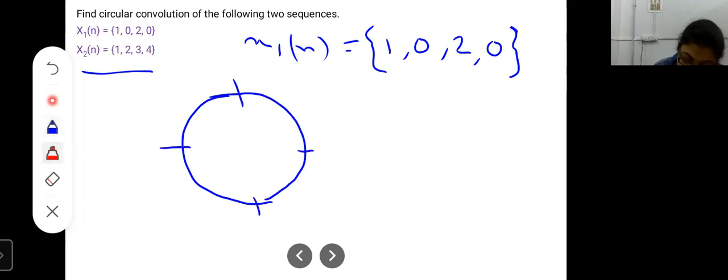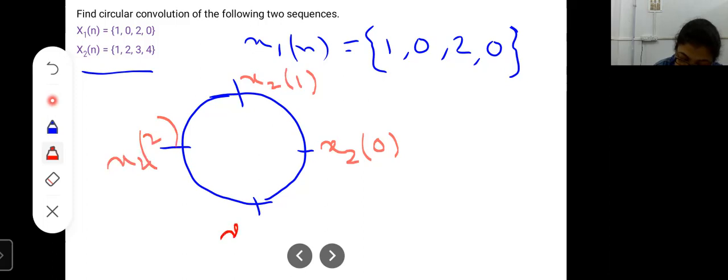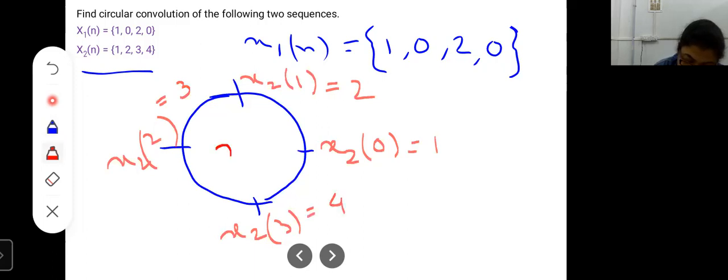Say this is x2 we are using. This is x2(0), this one is x2(1), this is x2(2), and this one is x2(3). Now put the values. x2(0) is 1, this is 2, this one is 3, and this is 4. So this is simple x2(n).